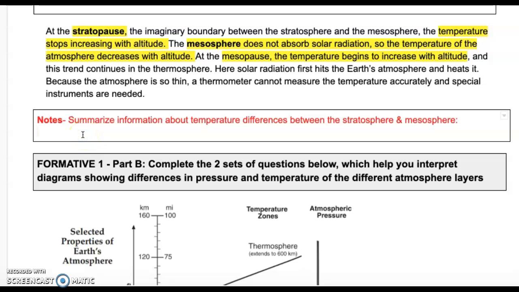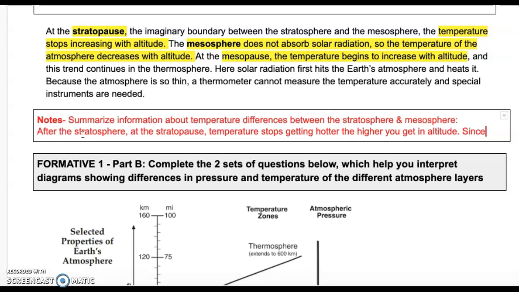So let's see, how can we summarize temperature differences between the stratosphere and the mesosphere? So after the stratosphere, at the stratopause, temperature stops getting hotter the higher you go, or the higher you get in altitude.